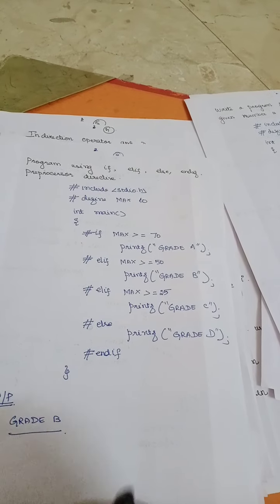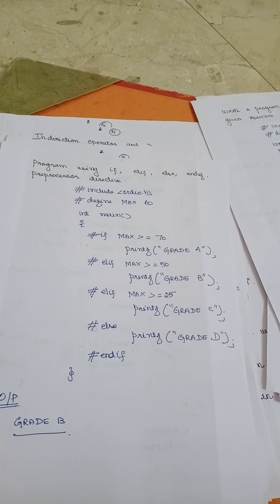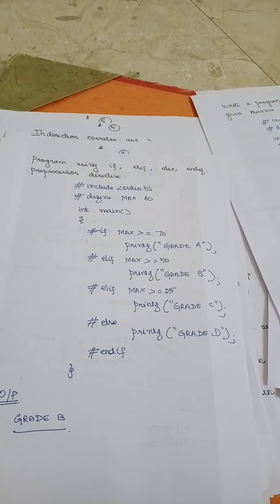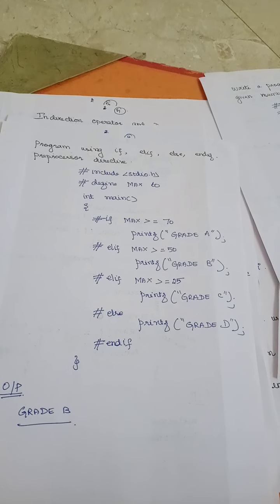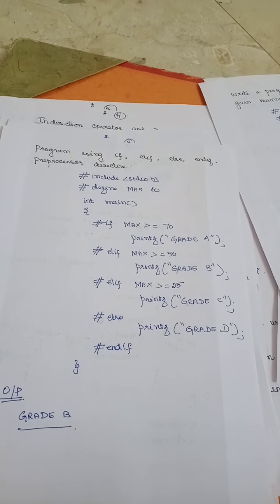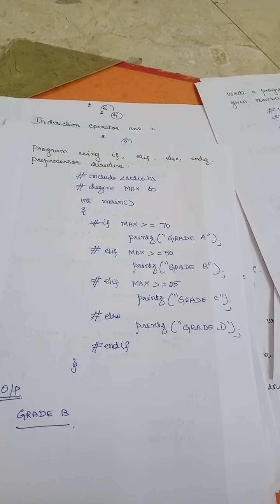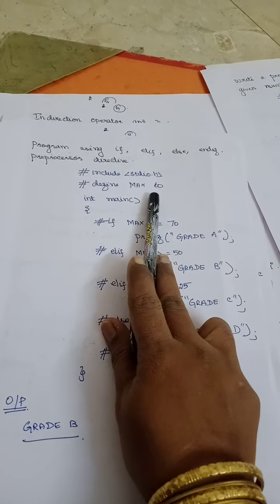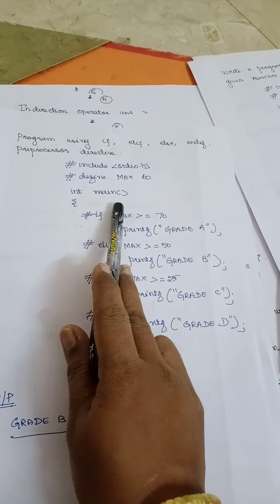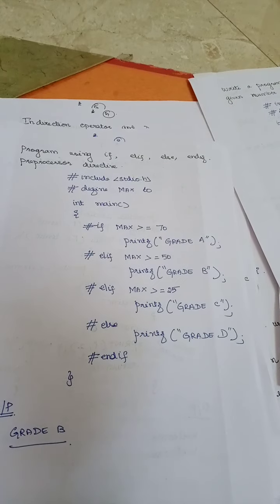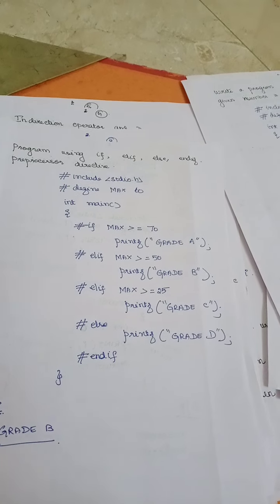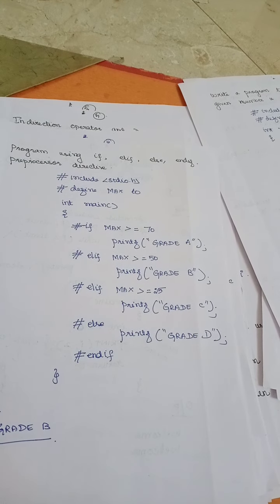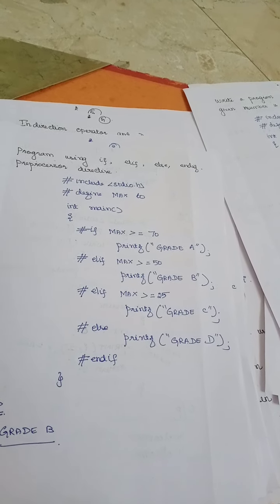Now we'll see one more example using if, else if, else and end if. So a simple program, hash include stdio.h, hash define max. Here I am defining max to be 60, and int main. See, already I told you there is a difference between if def and if. If def means it will check whether the macro is available or not.